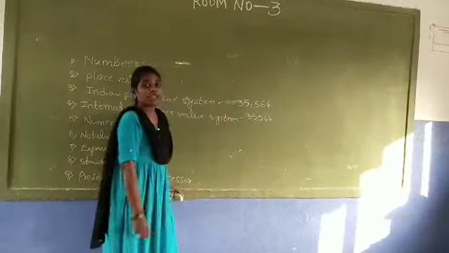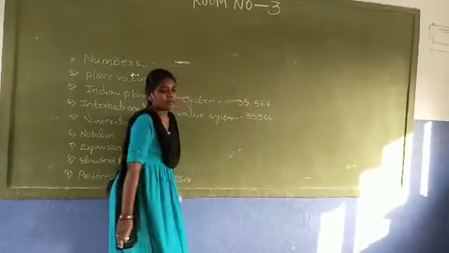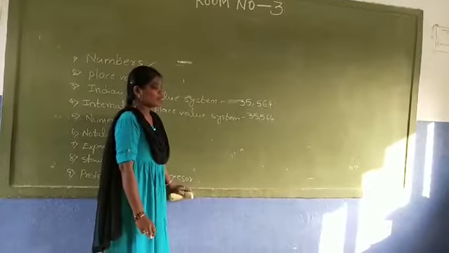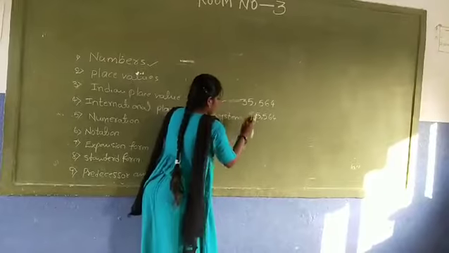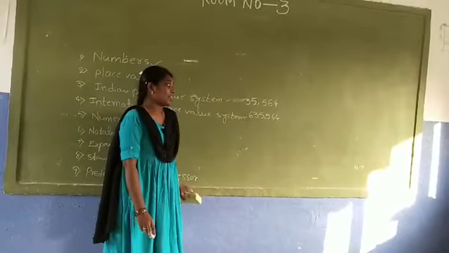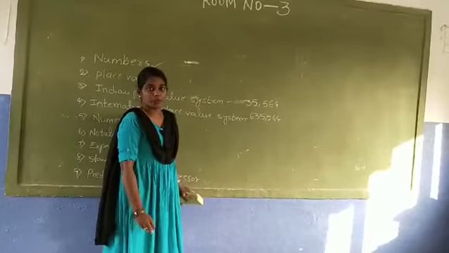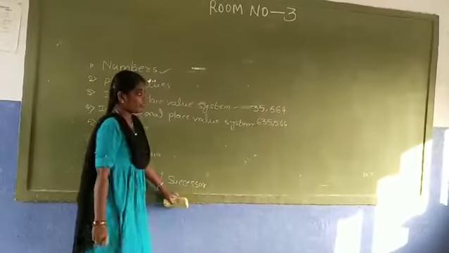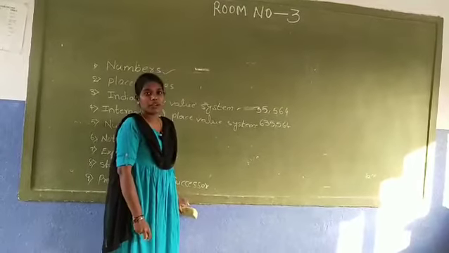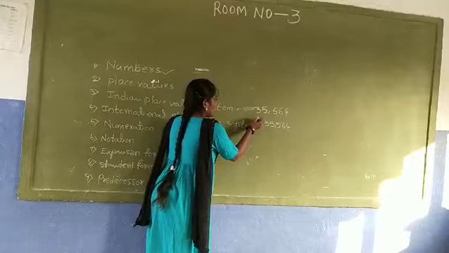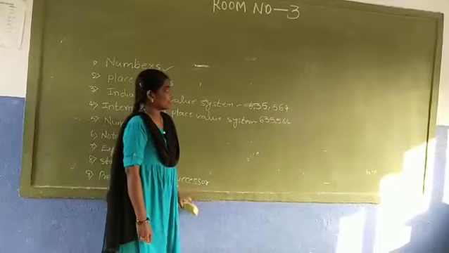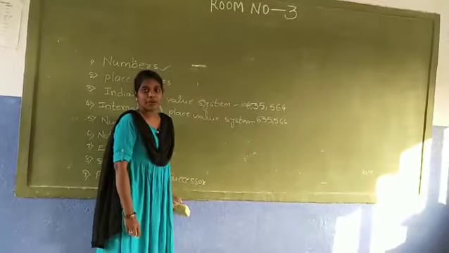In international place value system, I am taking the same example. We put commas after each 3 digits. Here I am taking only a 5 digit number, that's why I get only one comma. 35,564. If I take a 6 digit number like 635,564, it can be read like this in the international system. In the Indian system, it can be read like 6,35,564.